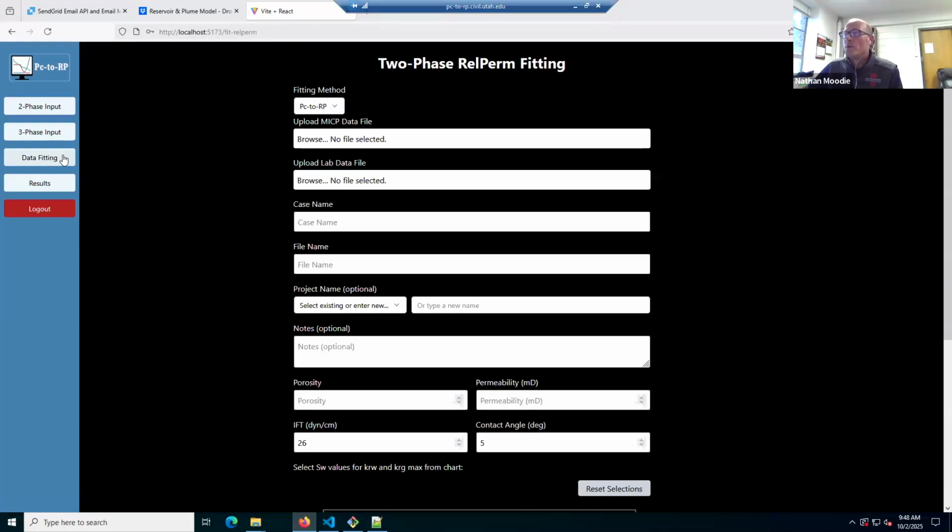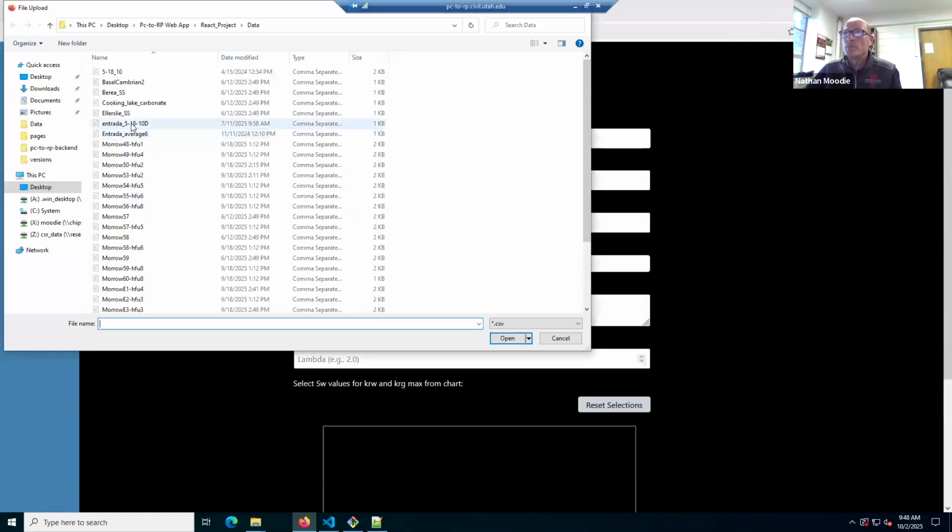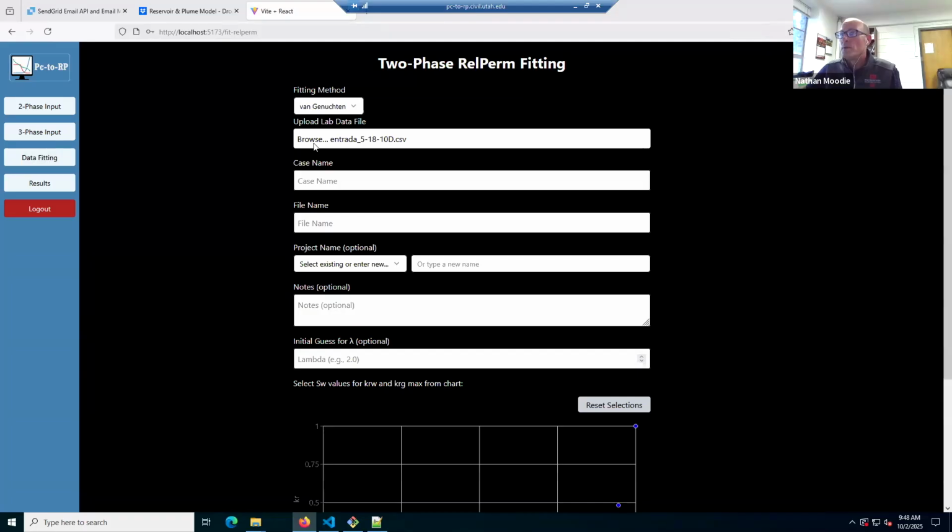If I only highlight one more real quick, let's use Van Genuchten because this is a very popular one. People use this all the time with similar data. Open that. Say fit 2. I'll select the existing one, ignore the notes.